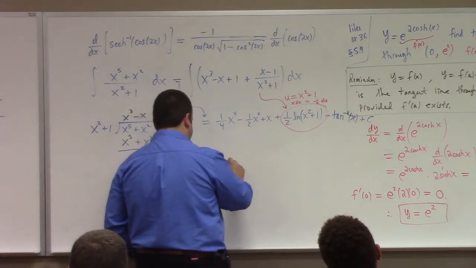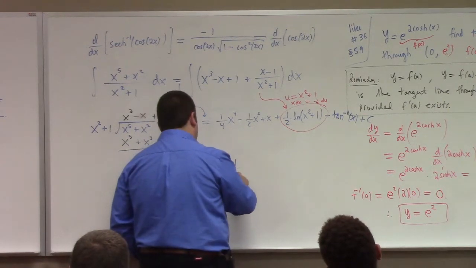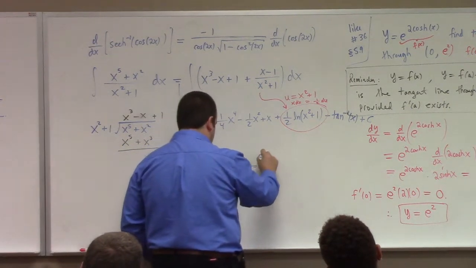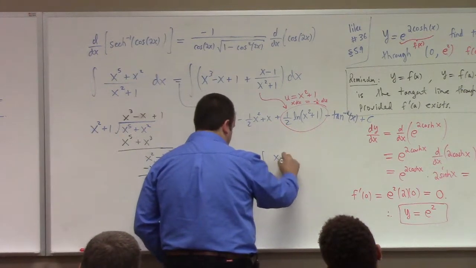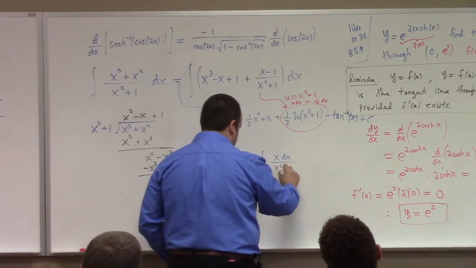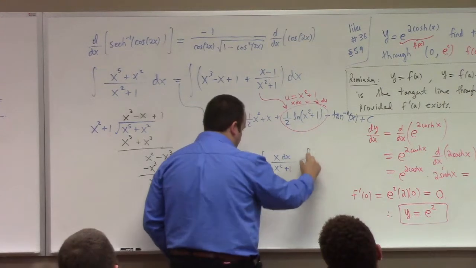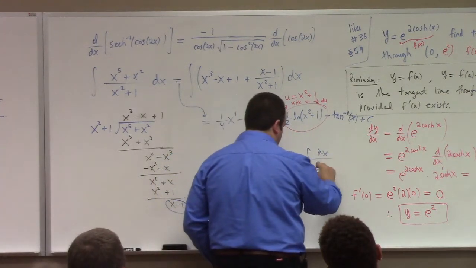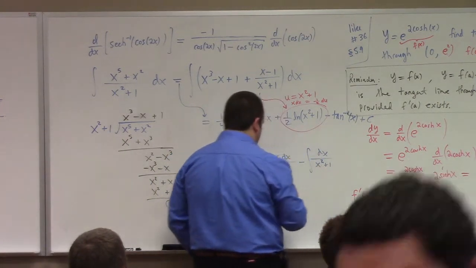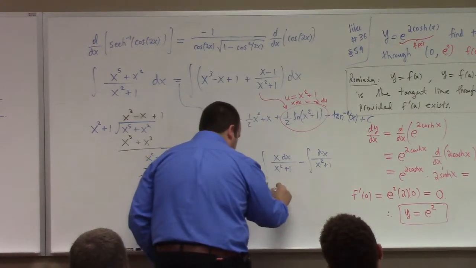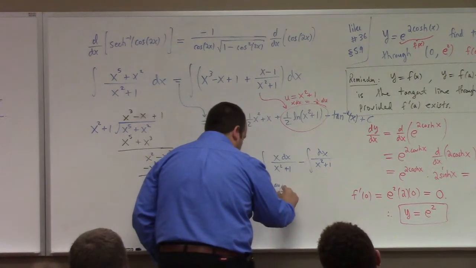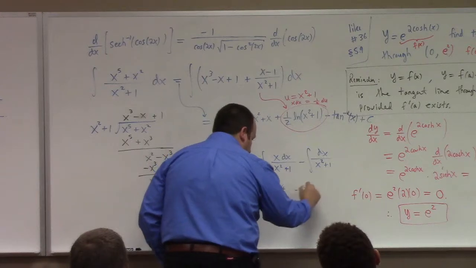All right. So this is equal to the integral of x dx over x squared plus 1 minus the integral of dx over x squared plus 1. This piece is the integral of du over 2 all over u, and that's an arctangent.